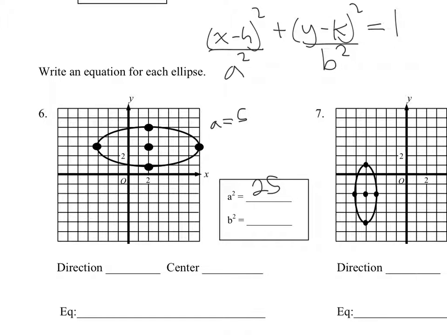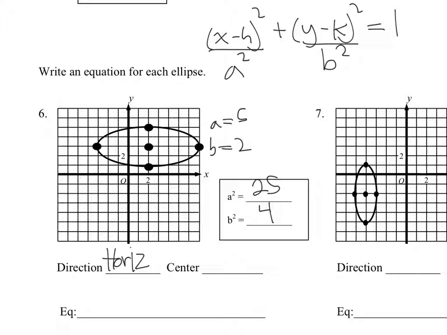For your b, we can see that if I just count, that's 2. So your b is equal to 2. So therefore, b squared is 4. Well, the direction we can clearly see is horizontal. So that tells us, again, we're going to be using this equation where the a squared is underneath the x.